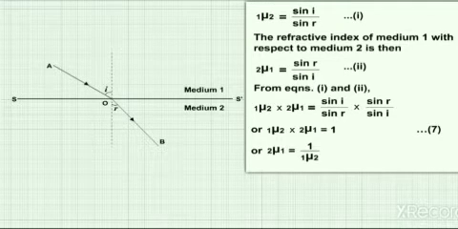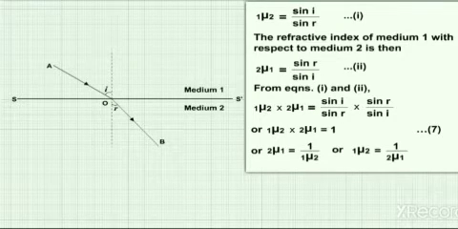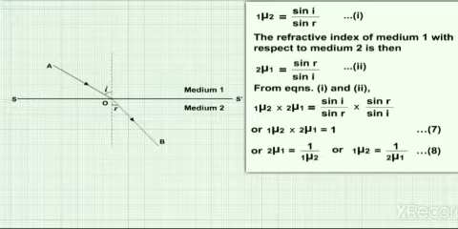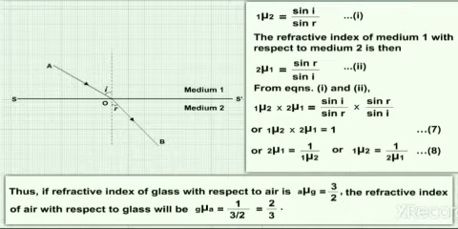Or mu12 is equal to 1 by mu21, or mu21 is equal to 1 by mu12. Let this be equation 8. Thus, if refractive index of glass with respect to air is mu Ga is equal to 3 by 2, the refractive index of air with respect to glass will be mu Ag is equal to 1 by 3 by 2, which equals 2 by 3.